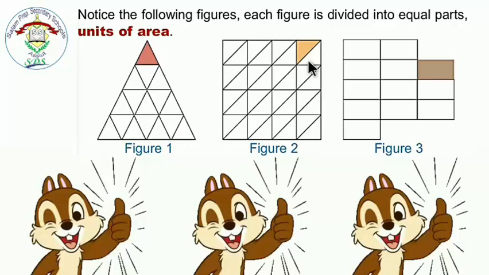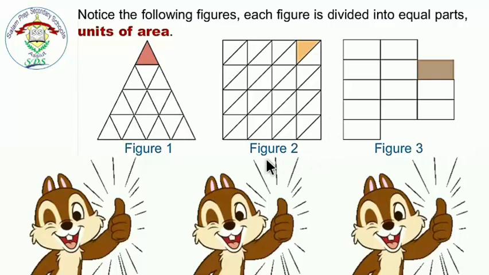Please count with me. 1, 2, 3, 4, 5, 6, 7, 8. 8 in one row plus 8 equals 16. 8 in the third row plus 8 in the fourth row. 8 plus 8 equals 16. 16 plus 16 equals 32.